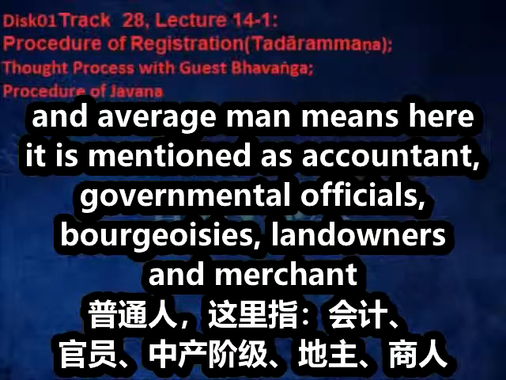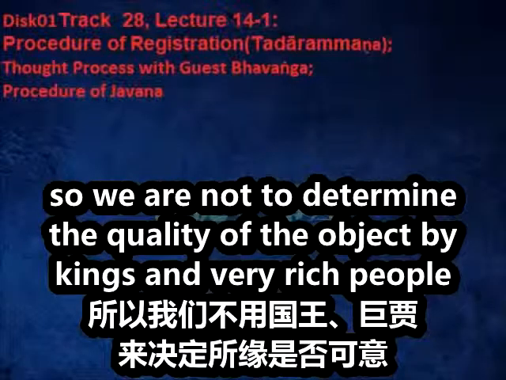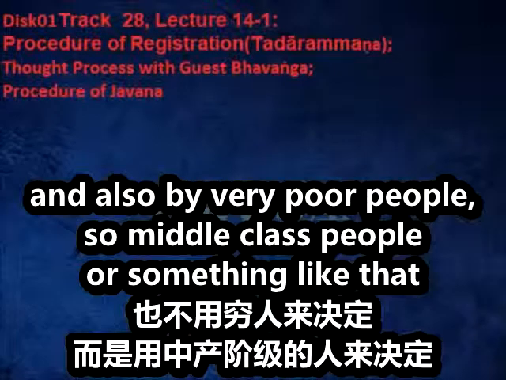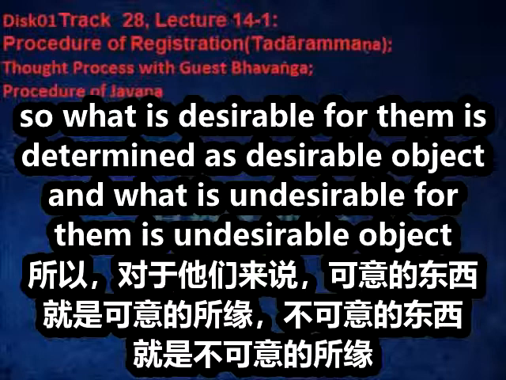And average man means here it is mentioned as accountants, government officials, burgesses, landowners and merchants. So we are not to determine the quality of the object by kings and very rich people, and also by very poor people, so middle class people or something like that. So what is desirable for them is determined as desirable object, and what is undesirable for them is undesirable object.